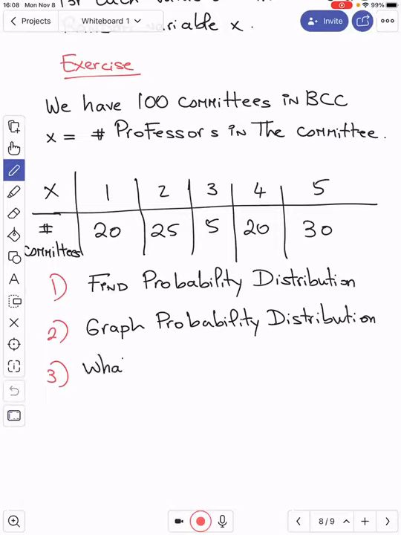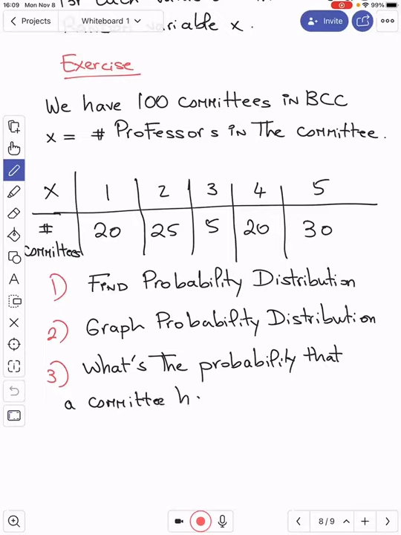So what's the probability that a committee, randomly chosen, has 3 or 4 professors, right? I think this is the exercise left from Wednesday.